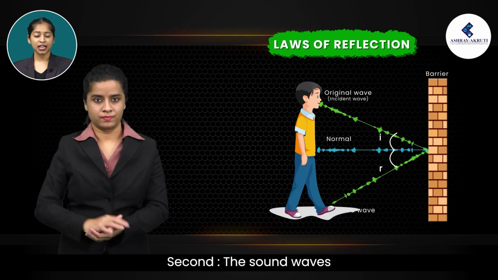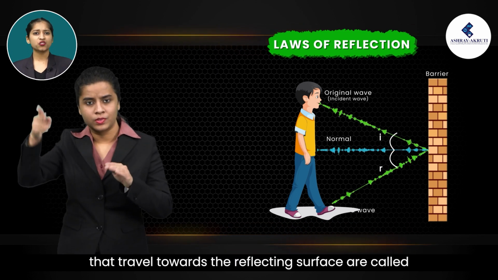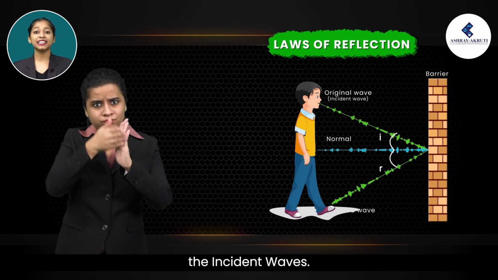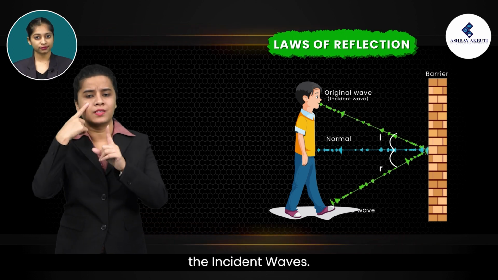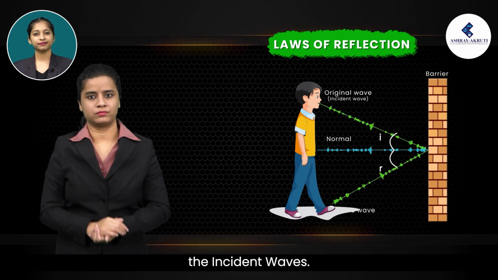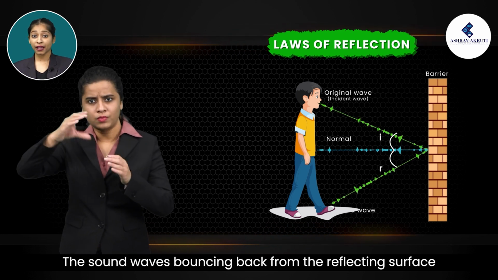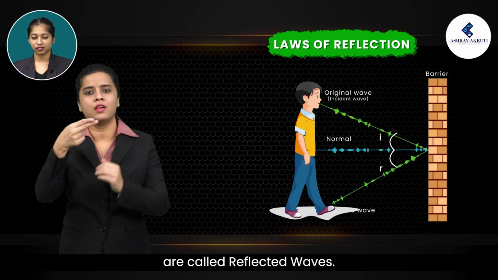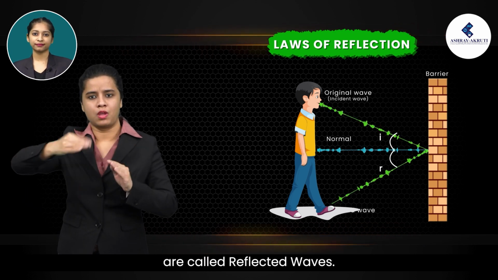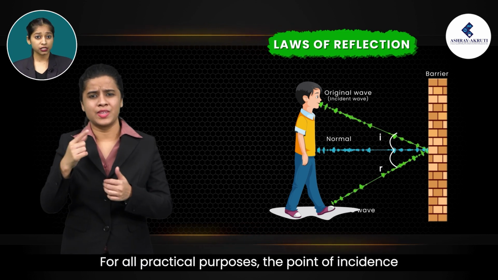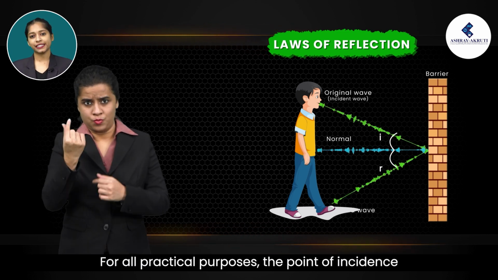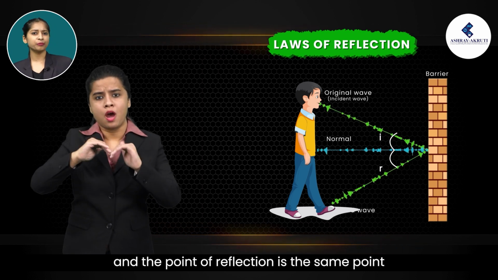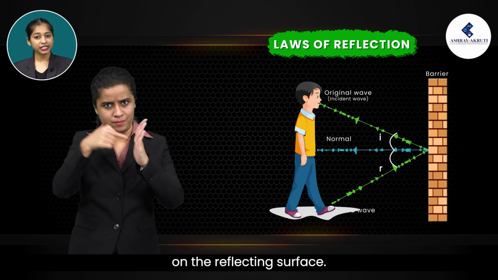The sound waves that travel towards the reflecting surface are called the incident waves. The sound waves bouncing back from the reflecting surface are called reflected waves. For all practical purposes, the point of incidence and the point of reflection is the same point on the reflecting surface.